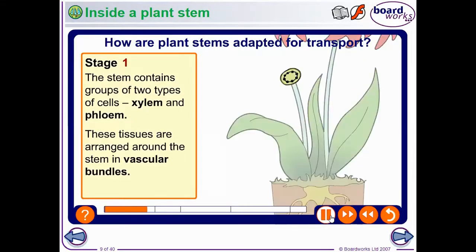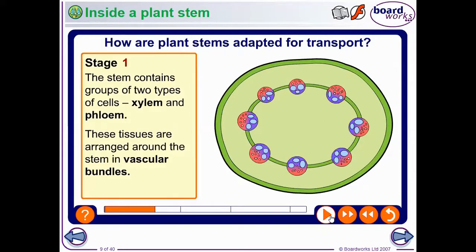So in our stem, we have our xylem and our phloem. These tissues are arranged around the stem in a vascular bundle. So this would be our vascular bundle, and it consists of our xylem tissue as well as our phloem tissue.